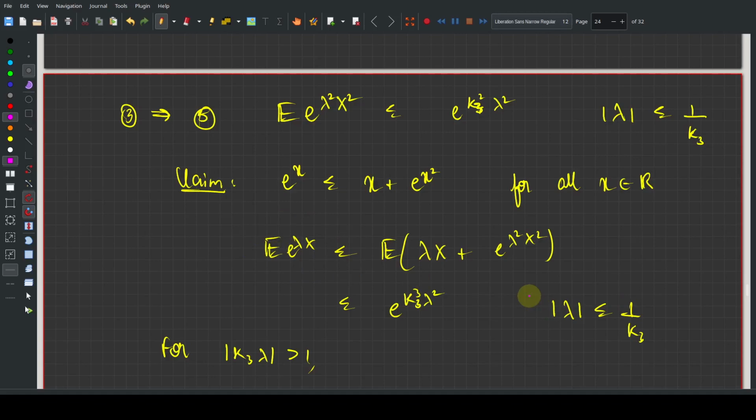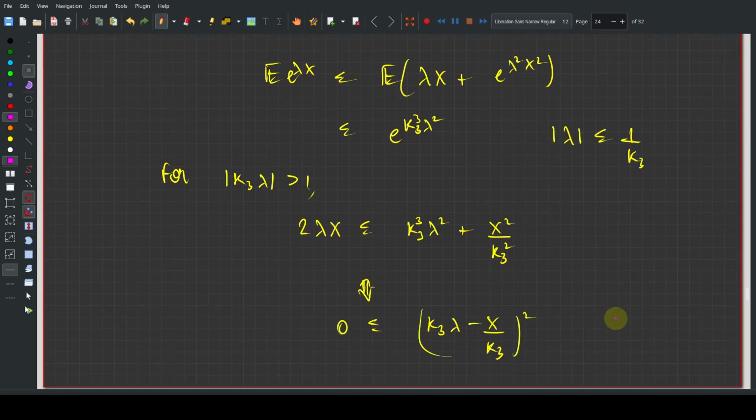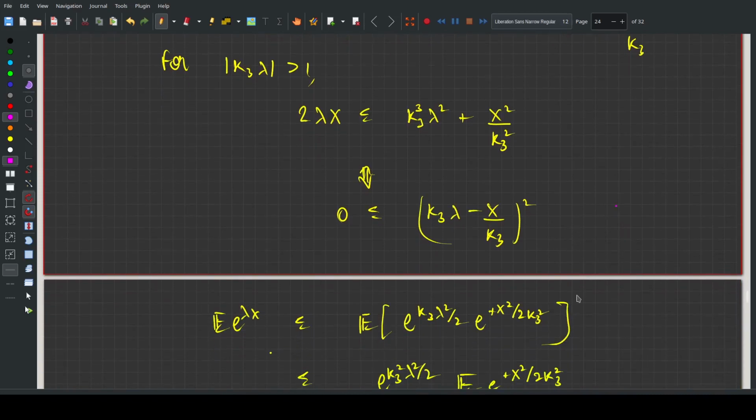So now let's consider the other case, where the absolute value of lambda is greater than 1 over k3. Again, we'll make use of the same bound, that 2 lambda x is less than or equal to k3 square lambda square plus x square by k3 square.